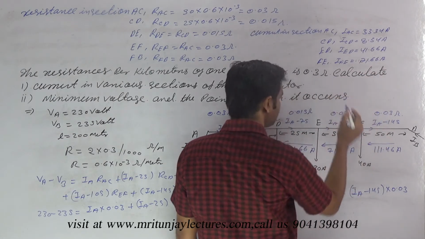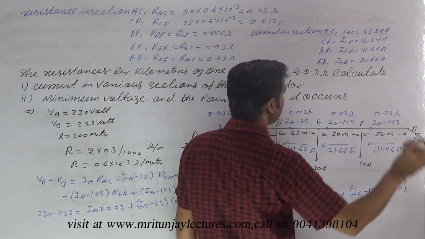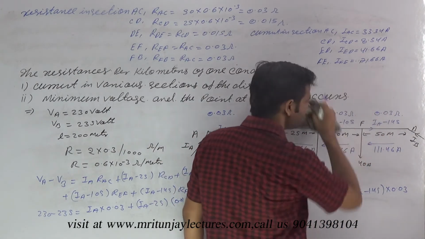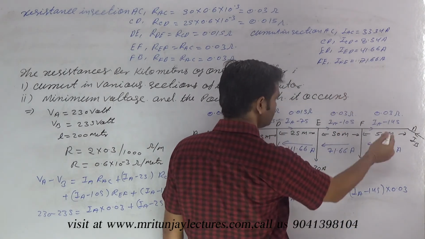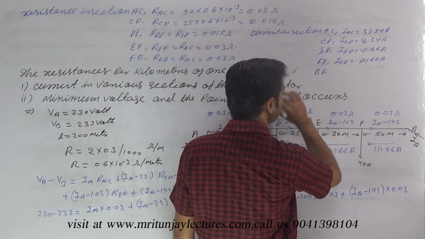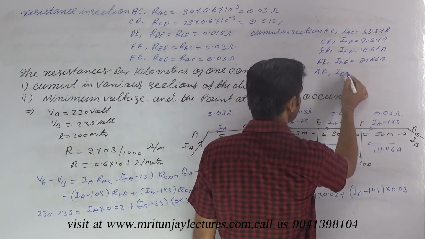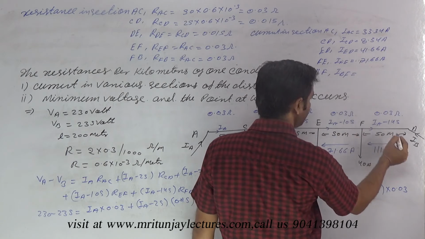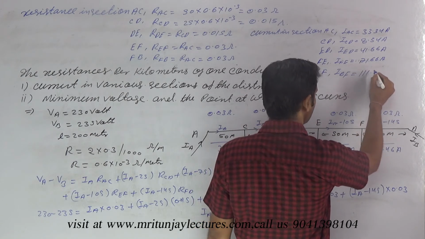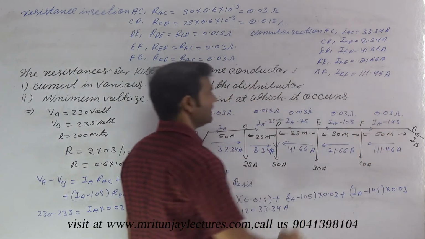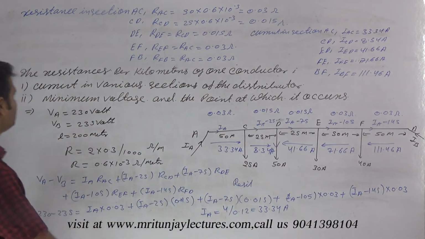And our next target is the current in section VF, which is 111.46 ampere. This is the final answer corresponding to this one.